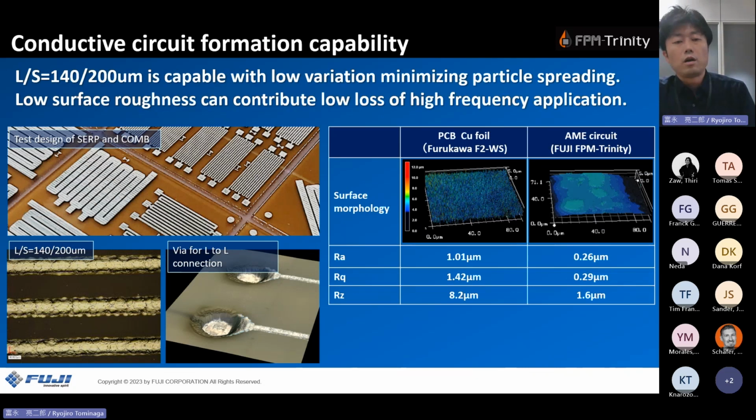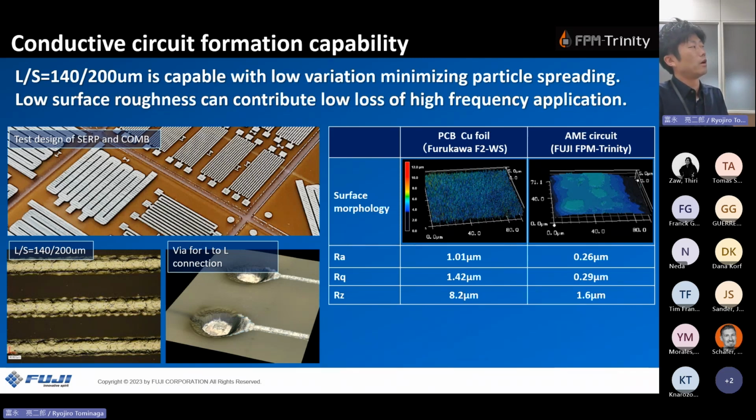Okay. So our circuit formation process is capable of 140 micrometer line and 200 micrometer space without any particle splitting, with low variation. So that is the trace width and trace electrical conductivity. And one of the uniquenesses is the roughness. For traditional PCB, most people use roughened copper foil or a roughening chemical etching process to have adhesion to the resin; the copper surface has to be roughened.